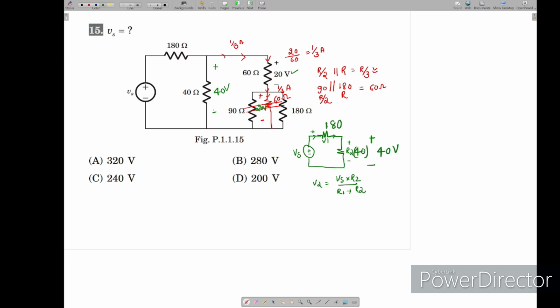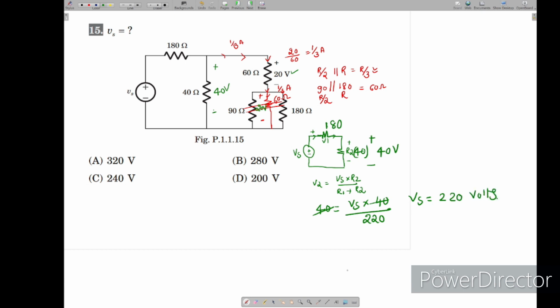Earlier we knew Vs and were finding V2. Now we are going the opposite way. We don't know Vs. R1 plus R2, 180 plus 40, we got 220. So this 40 cancels, and Vs equals 220 volts.